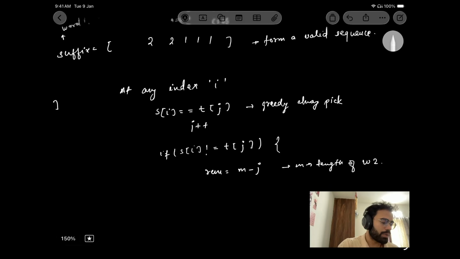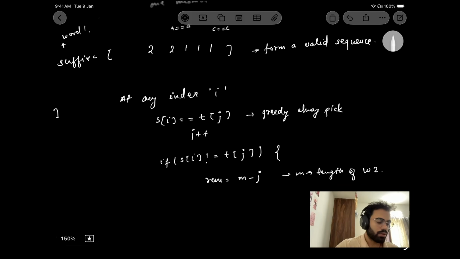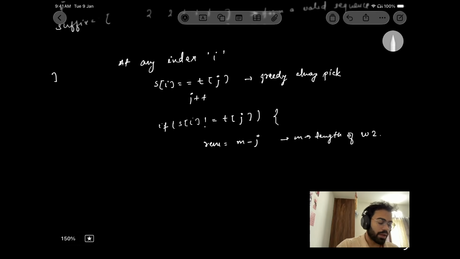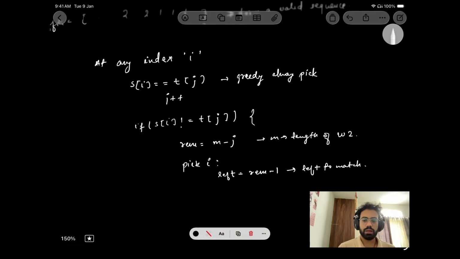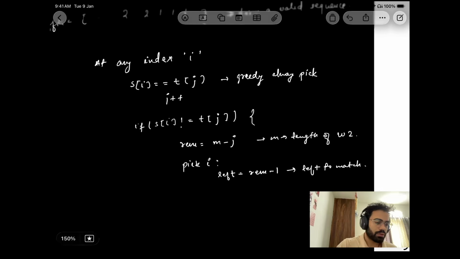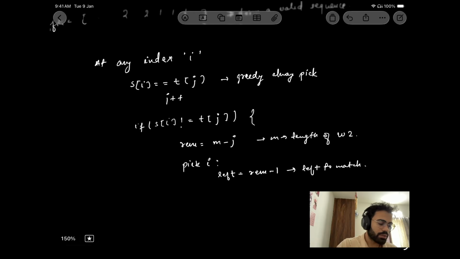Among this remaining, if one mismatch is allowed, and I pick this current one, there's this choice. If we pick I, then left to match equals remaining minus one. I still need to match remaining minus one.